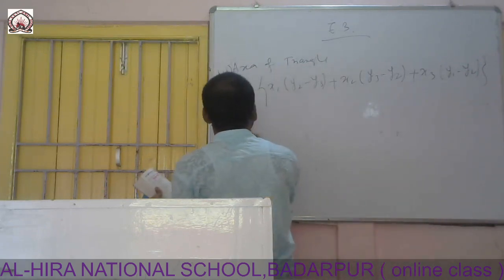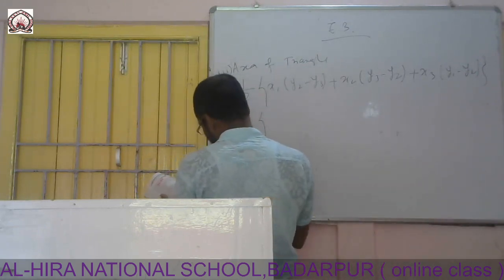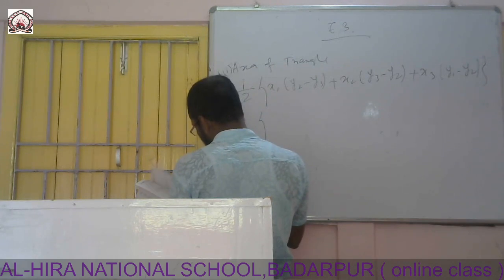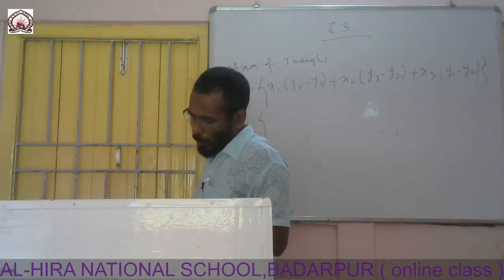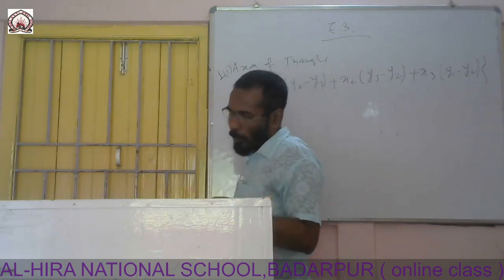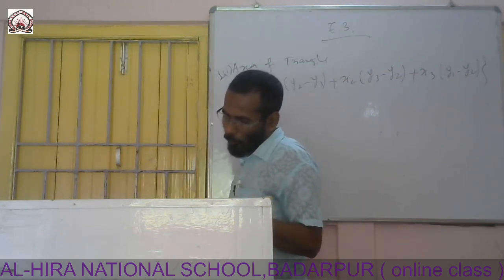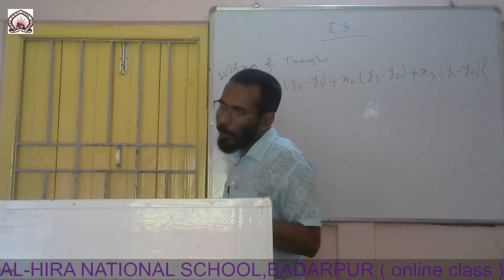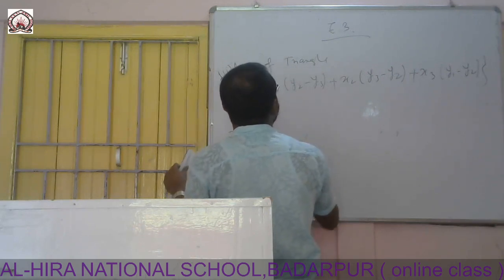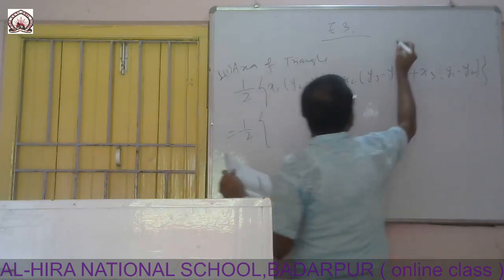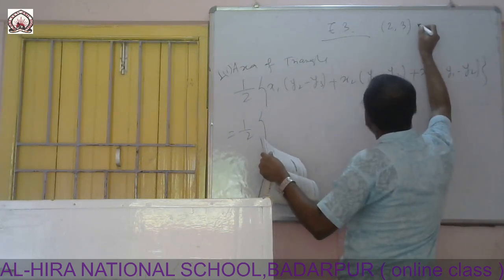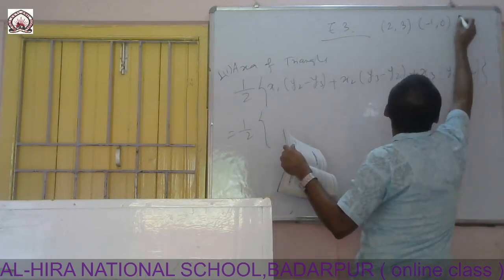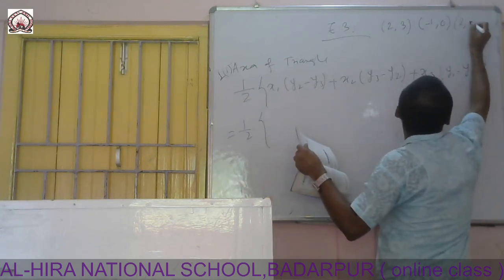This is very simple. The first point is (2, 3), then (-1, 0), and then (2, -4).